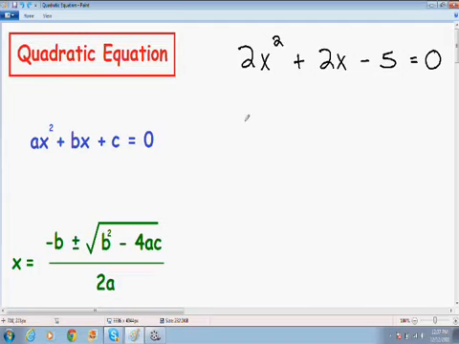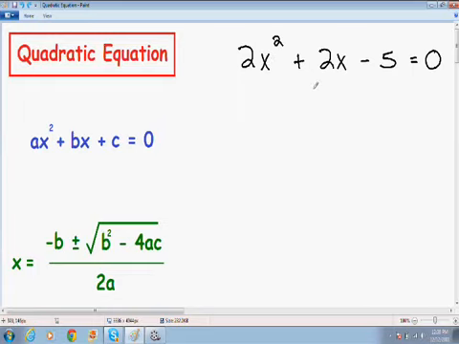In order to use the quadratic formula, the equation has to be in standard form. What I mean by that is that it has to be equal to 0. All the x terms and numbers have to be on the left, and everything has to be equal to 0. The formula has 3 letters: A, B, and C. A is always the number in front of the x squared term.